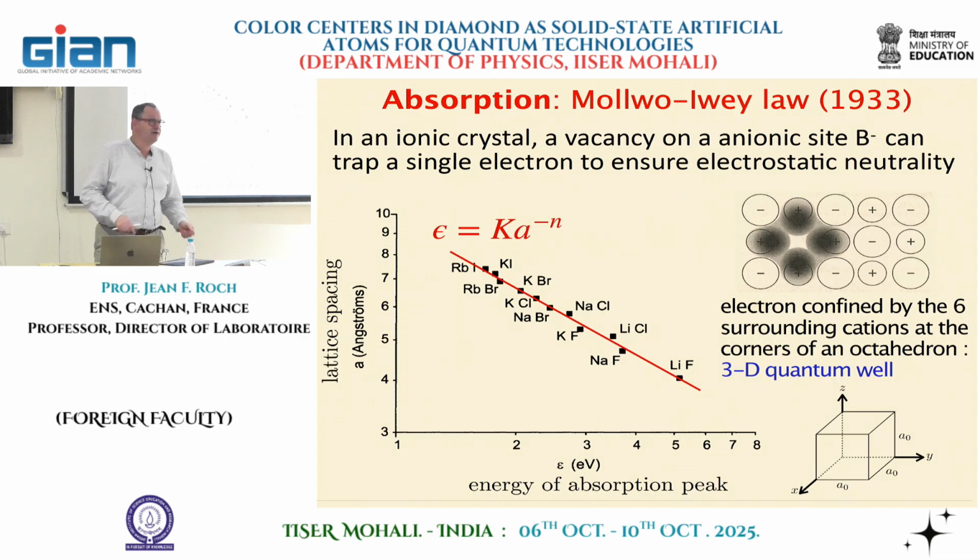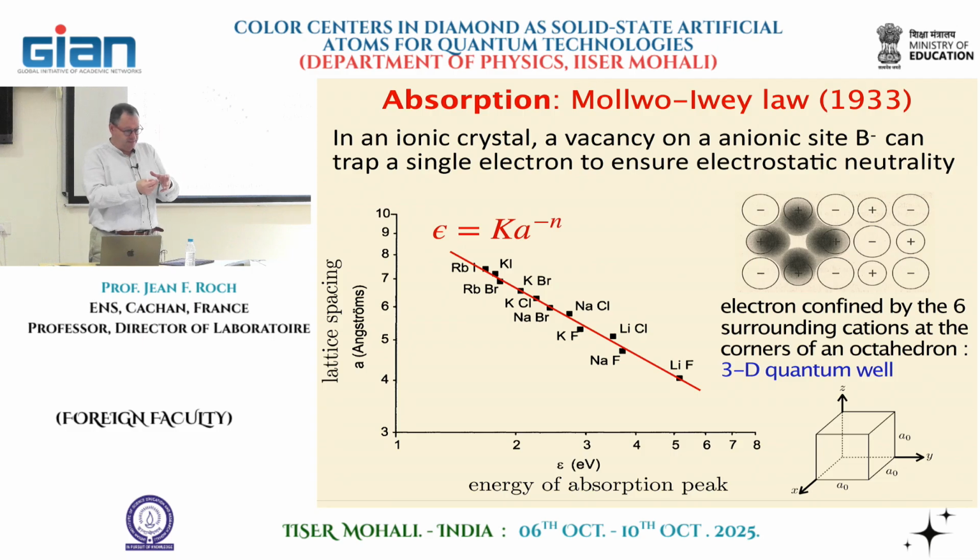And basically, this comes from vacancies. The radiation damage will create vacancies in the crystal. It means, for instance, that you will have a vacancy on an anionic site, Cl-.